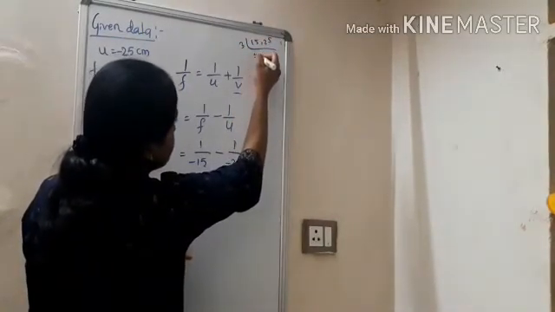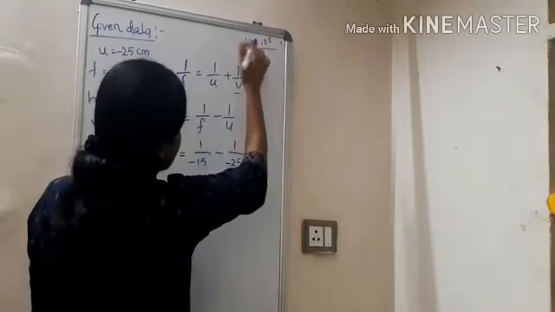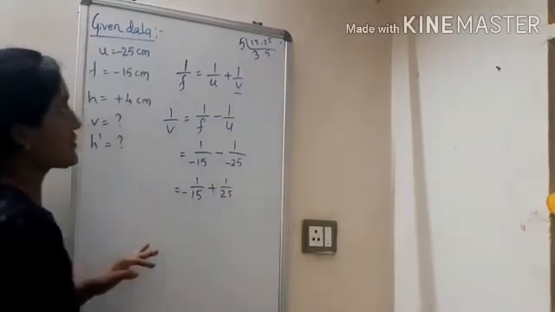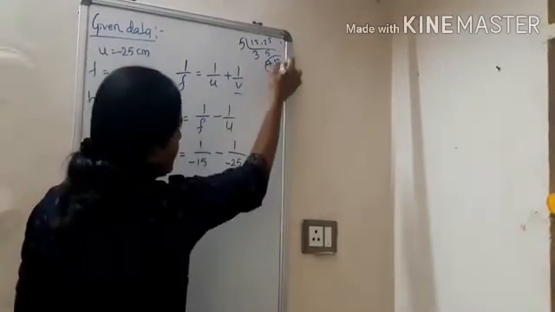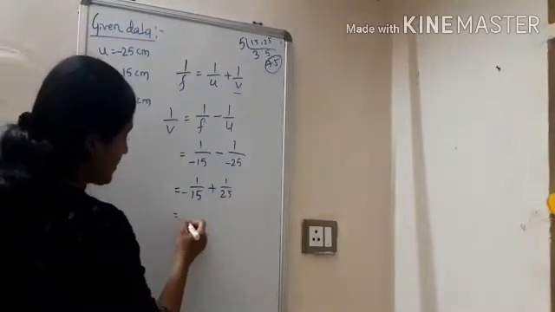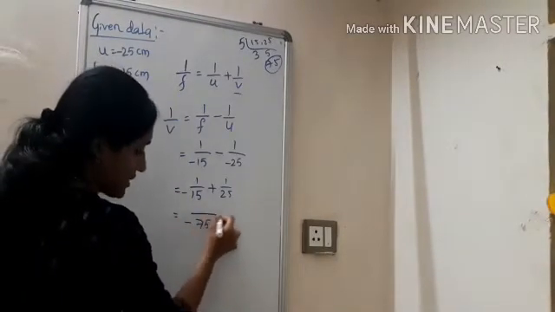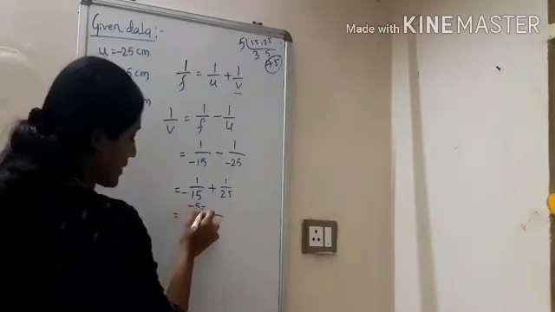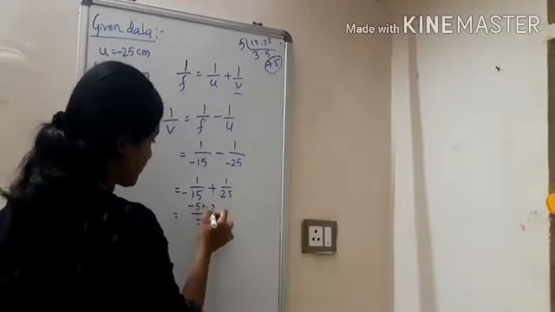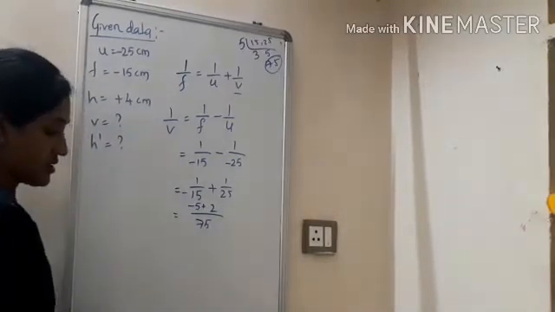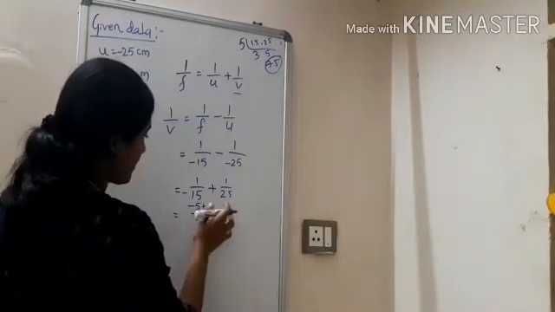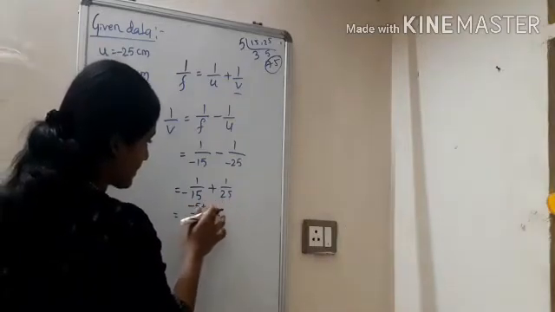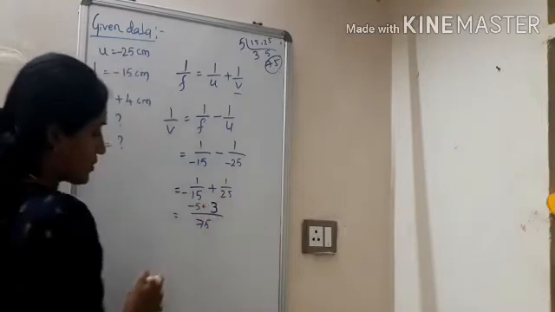5 threes are 15 and 5 fives are 25, so 25 into 3 is 75, which is the LCM. Write down here minus 75 as the LCM. Then minus 5 plus 3 is minus 2.